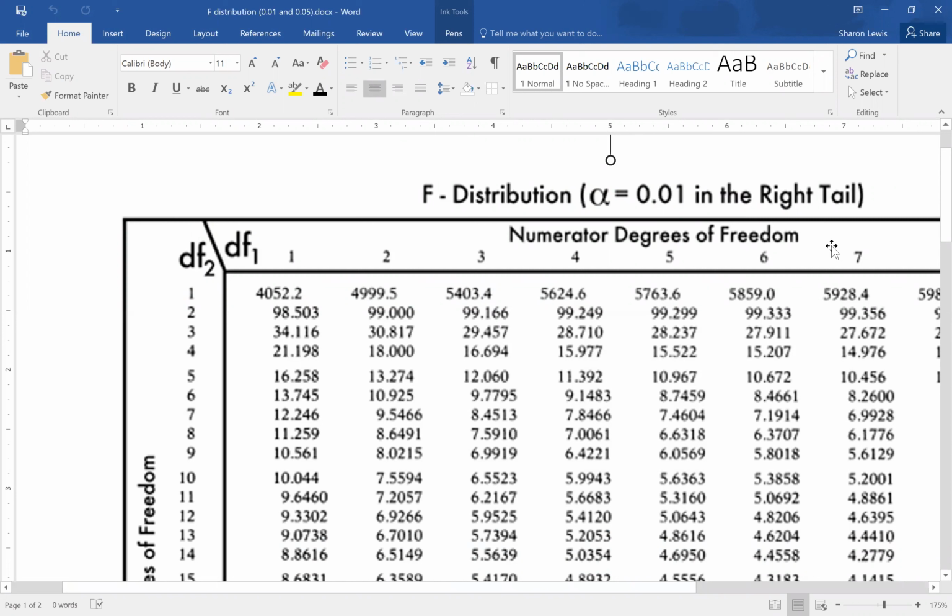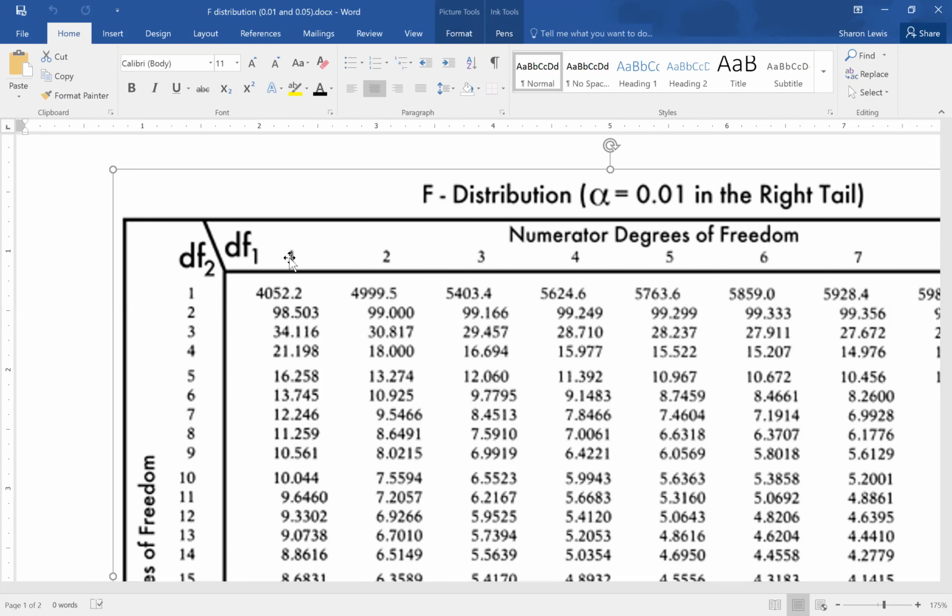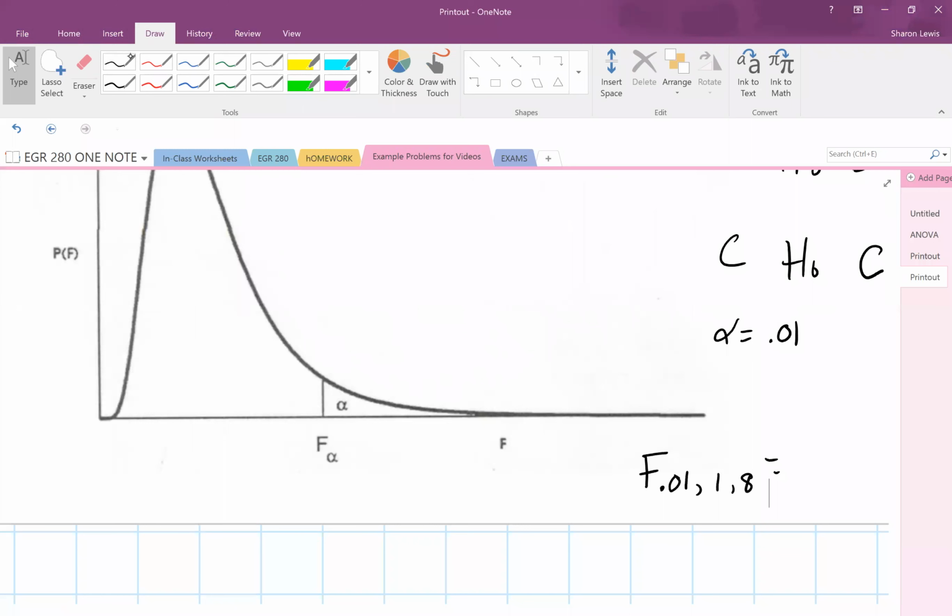The numerator degrees of freedom are the columns, and then the rows correspond to the denominator degrees of freedom. So we had 1 degree of freedom for A, 1 degree of freedom for B, and 1 degree of freedom for AB. So 1, so we're going to be in this column, and then for the degrees of freedom for the error, there were 8. So we want this value right here, 11.259. So our critical value is 11.259, if I remembered that right from switching.